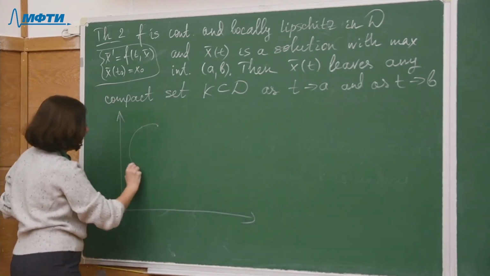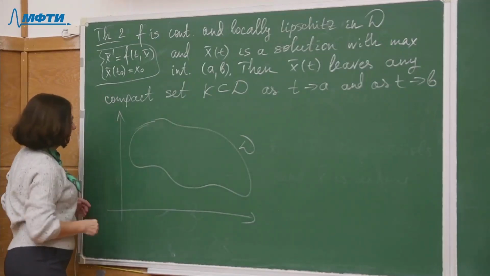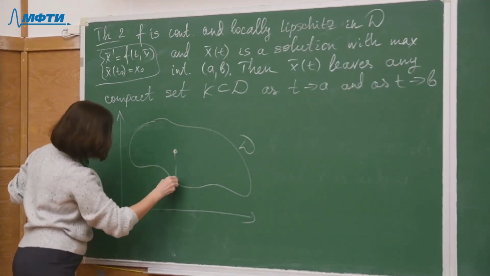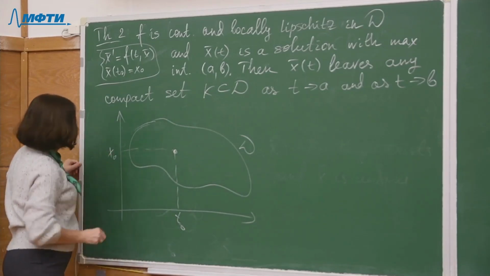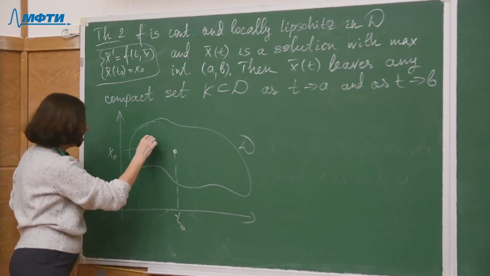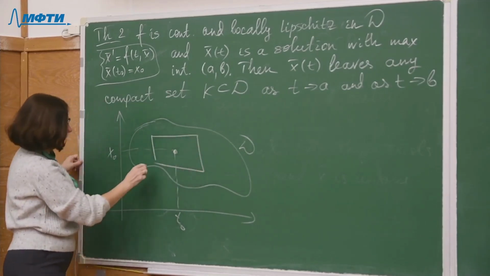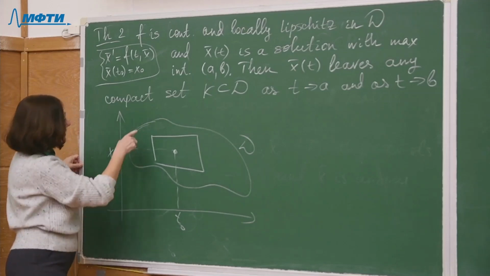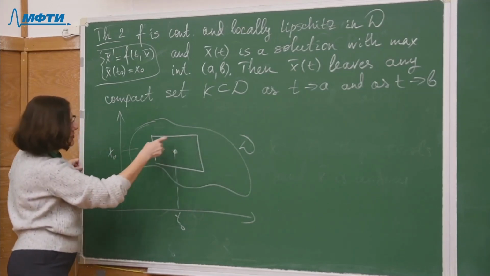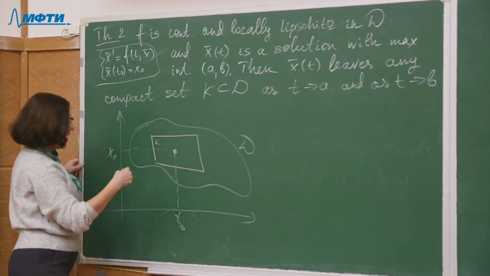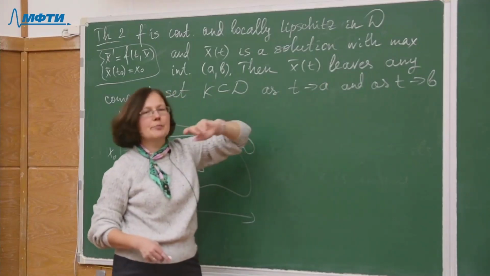Suppose we have a domain D, and an initial value problem with t0 and x0. If we consider any compact set, for example this one, then a solution must leave this compact set as t approaches A and as t approaches B.